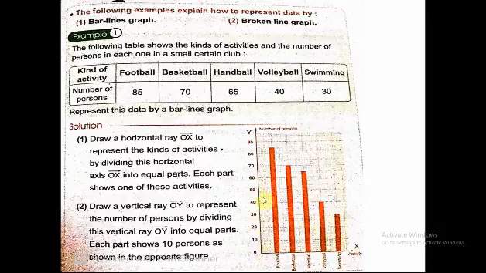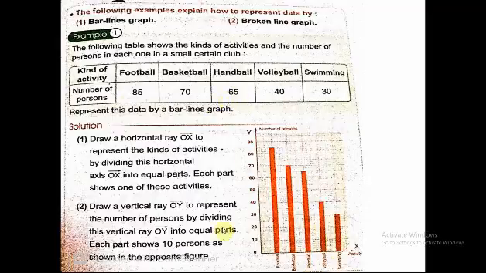The second axis is the y-axis, and on the y-axis we have the number of persons. So on the x-axis we write football, basketball, handball, volleyball, swimming. And the number of persons we have 85, 70, 65, 40, 30.